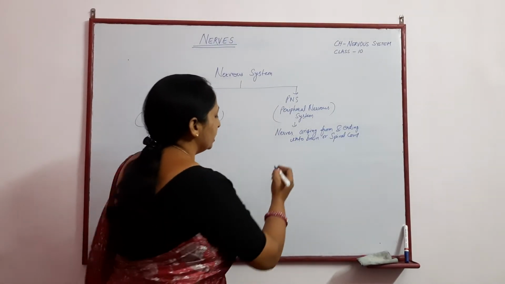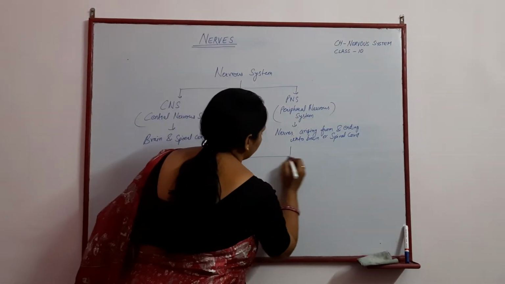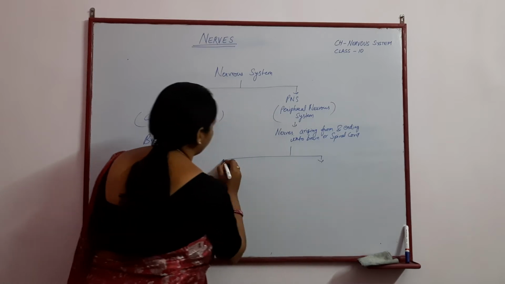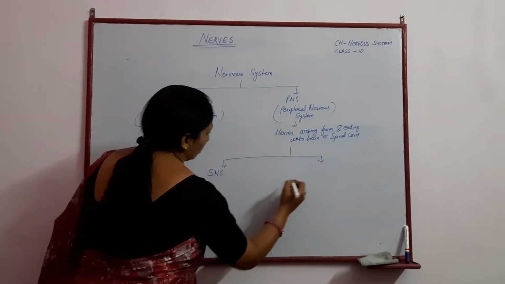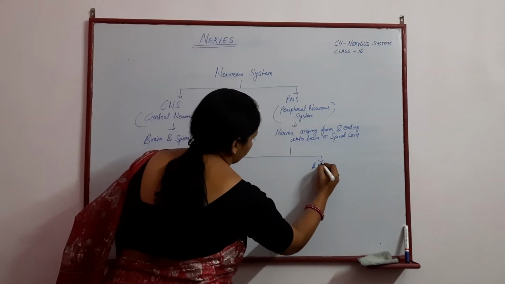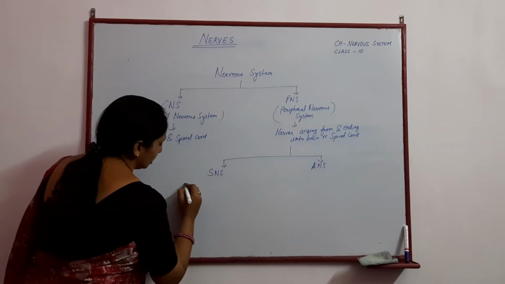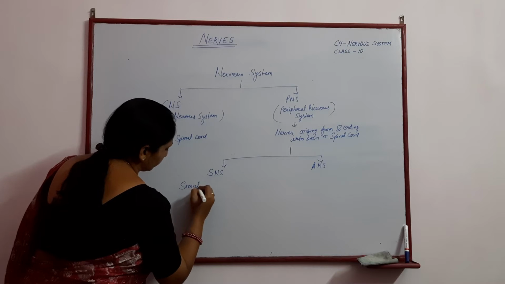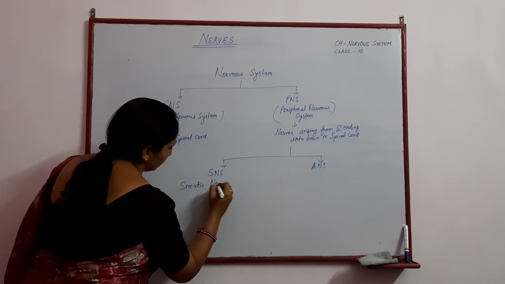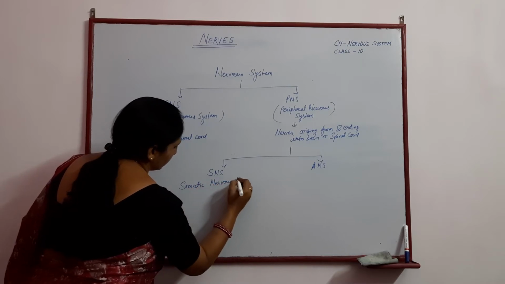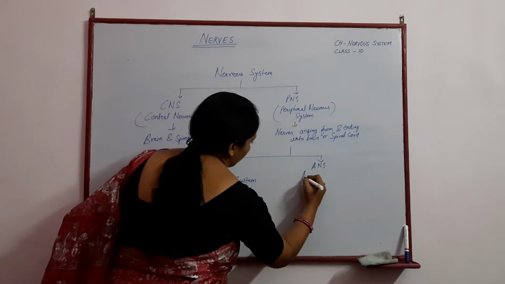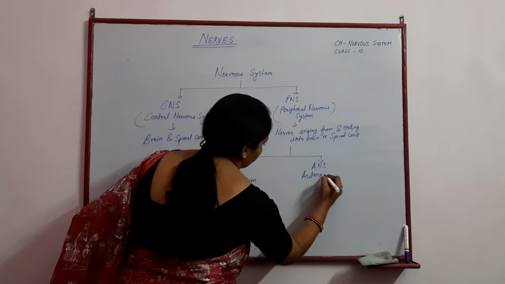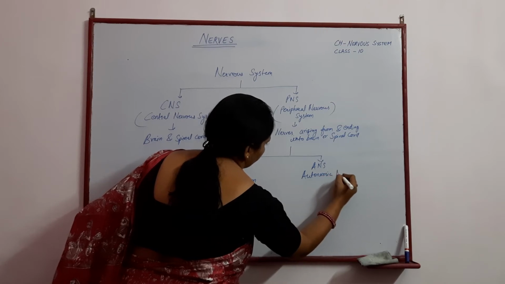PNS is again divided into two sections, that is SNS and ANS. SNS is the somatic nervous system. ANS is the autonomic nervous system.